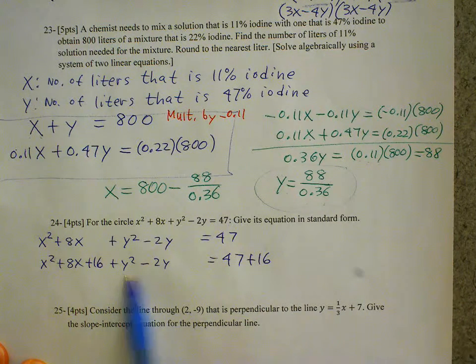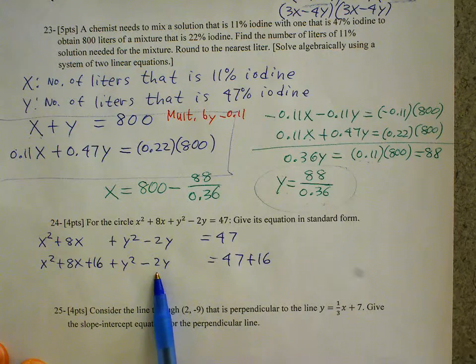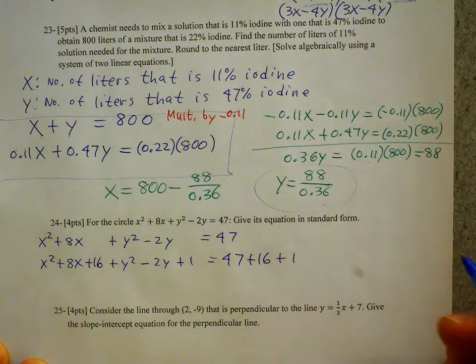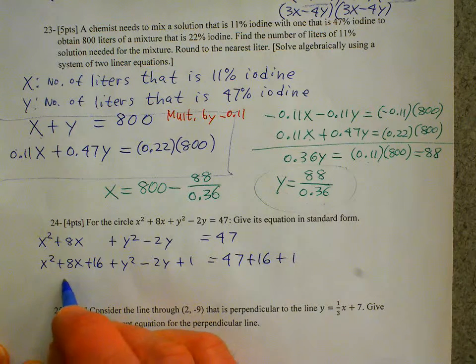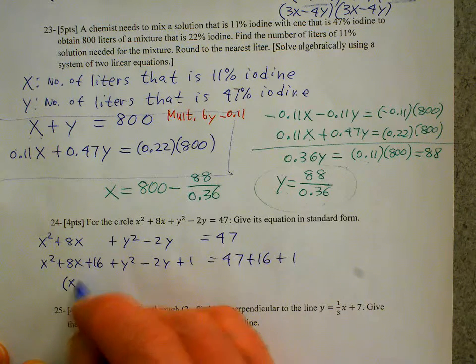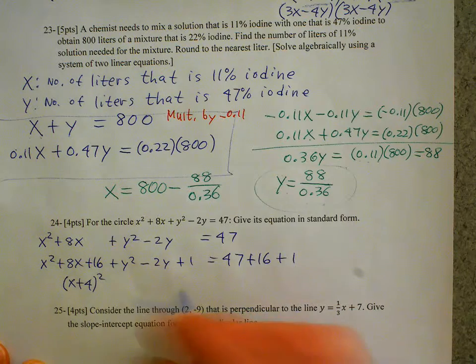For y squared minus 2y, 1/2 of -2 is -1. When you square -1, you get +1, so we add 1 to both sides. And then the next step is the standard equation. x squared plus 8x plus 16 is x plus 4 squared.